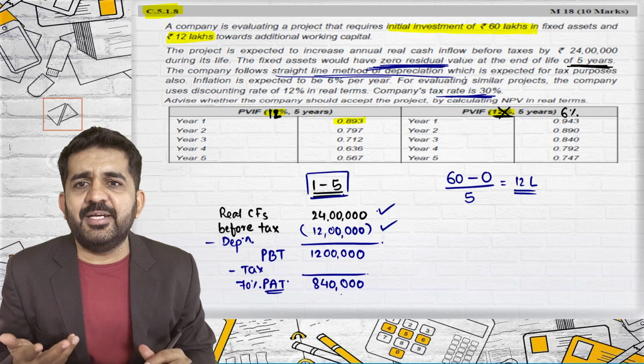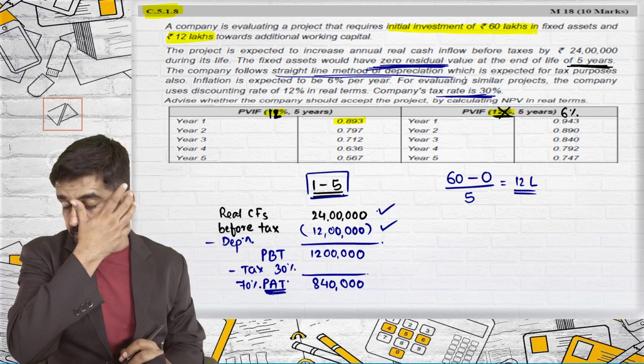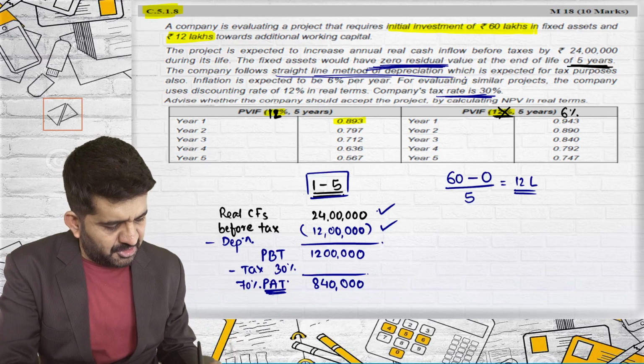All of you are knowing this, right? This will be 30%, so this will be 70%. Profit after tax will be 70%. But sir, I have deducted depreciation. Add back the depreciation.